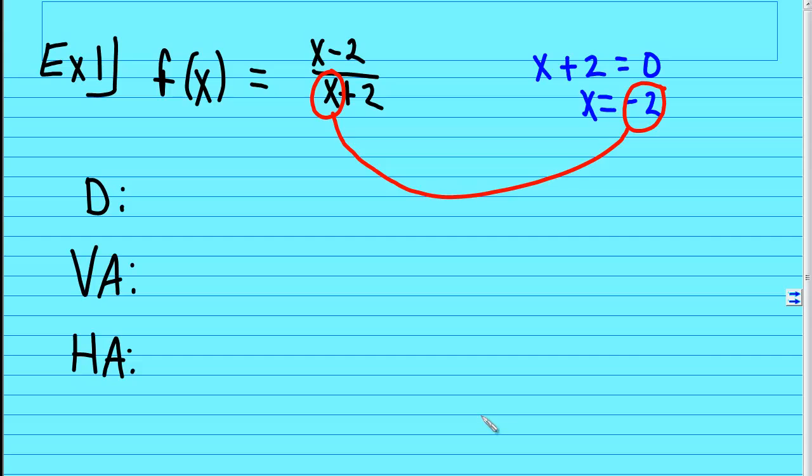You cannot divide by 0. So therefore, my domain cannot be -2. So we write this as all real numbers, but where x is not -2. So x cannot be -2.